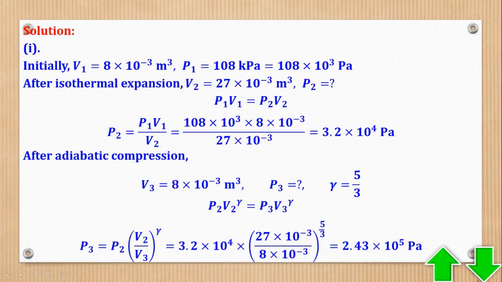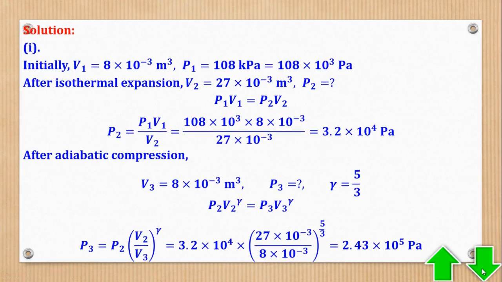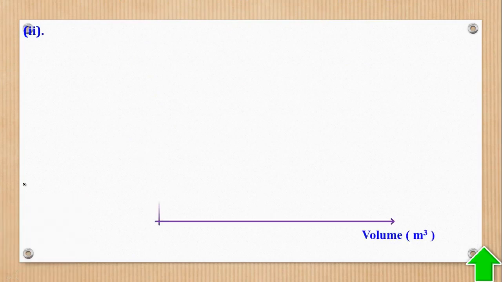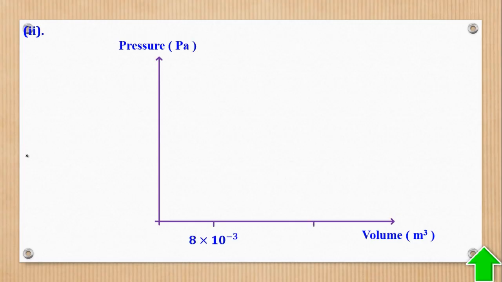Therefore, we can sketch. So first draw the axes and label them: volume and pressure. Then put the values, only the values you have got, P1, P2, P3, like that.